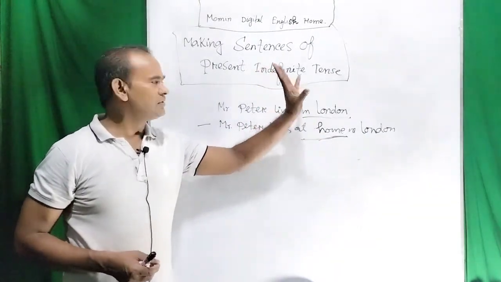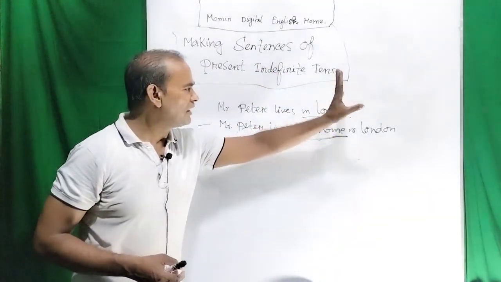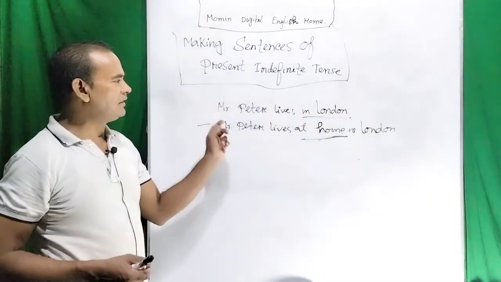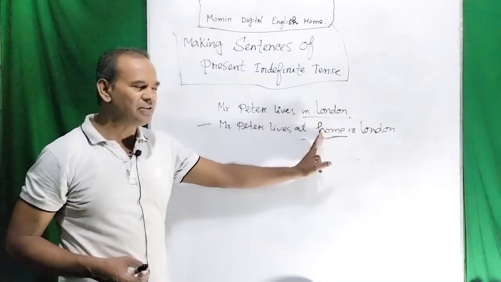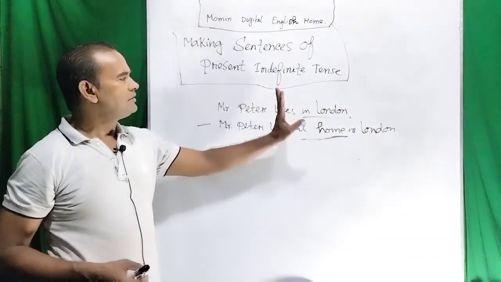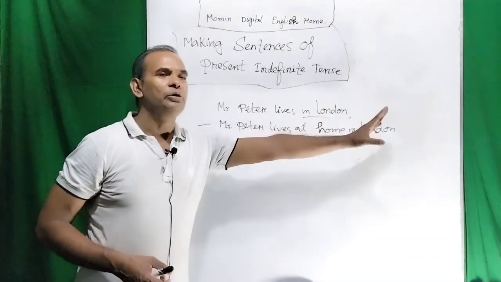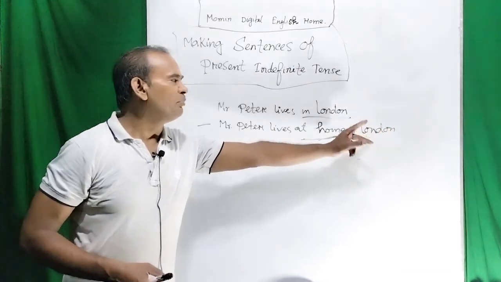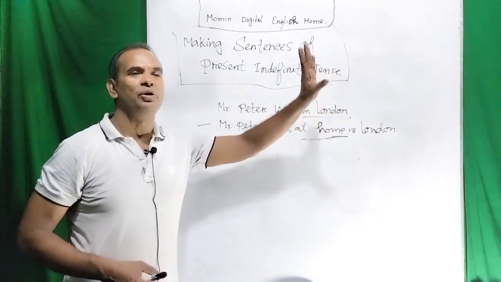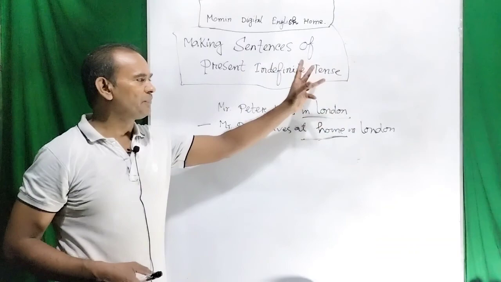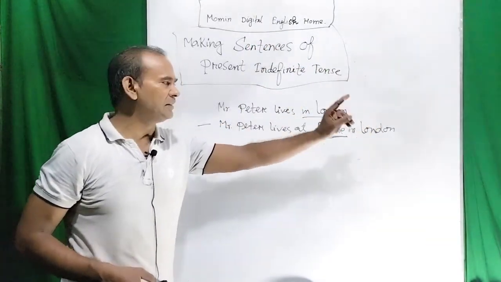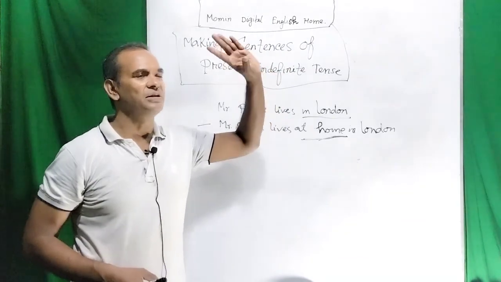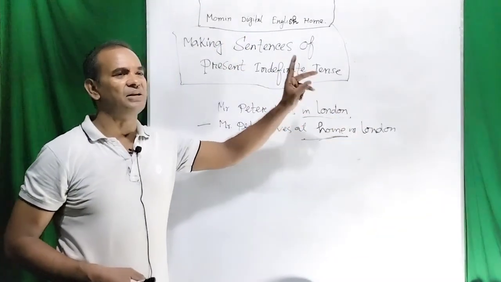So this is what I am telling you. I think you can understand. You have to use at before the definite place, and you have to use in before some noun denoting places in general.